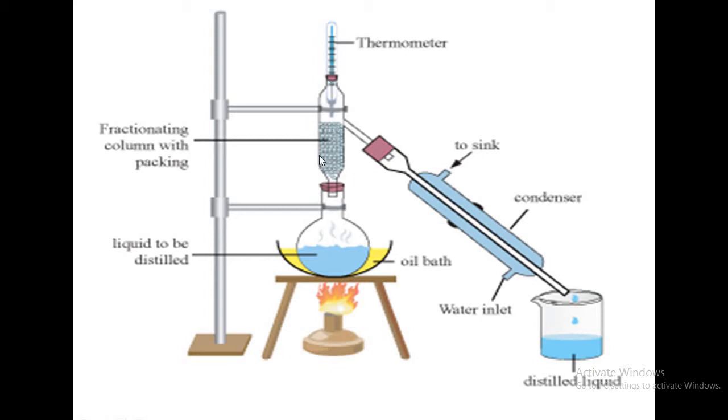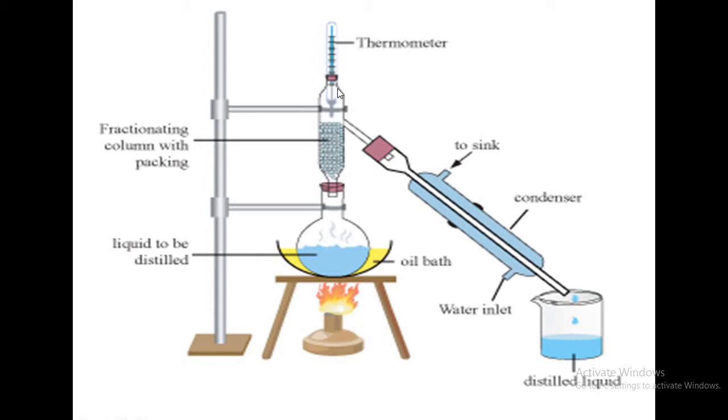The fractionating column contains glass beads, and these glass beads provide a large surface area for vapors to condense on. How and why this is required, I'm going to explain further in the lecture. The thermometer is used to record the reading, and the bulb of this thermometer should be kept very close to the mouth of the condenser.